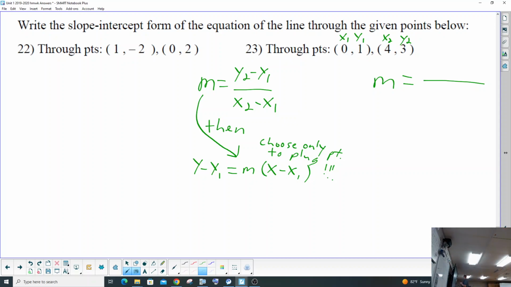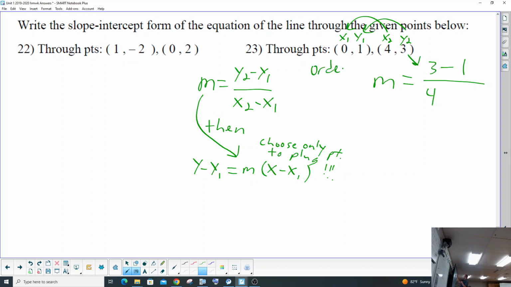Okay. So we're going to do our slope. Did you pause me? You better pause me. Pause me now. Okay. So we're going to do y2, which is 3, minus y1, which is just 1, all over x2. The order matters. So y2 minus y1, x2 minus x1, order matters.